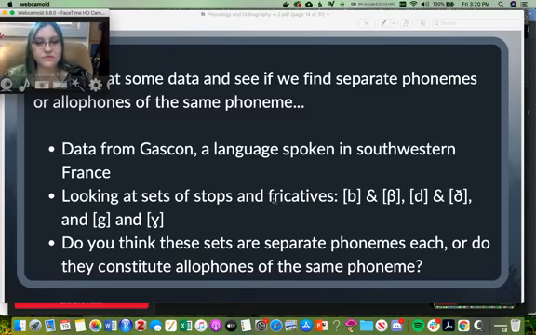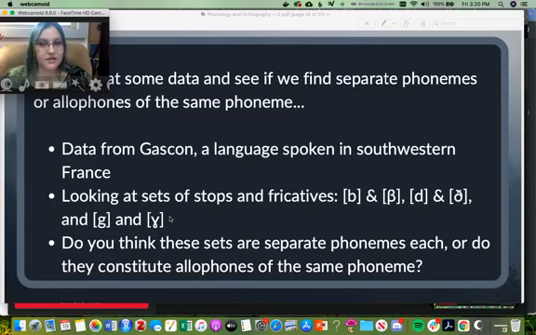So we see these three pairs, and it's possible that these represent separate phonemes each. It's also possible that they are both allophones of the same phoneme.